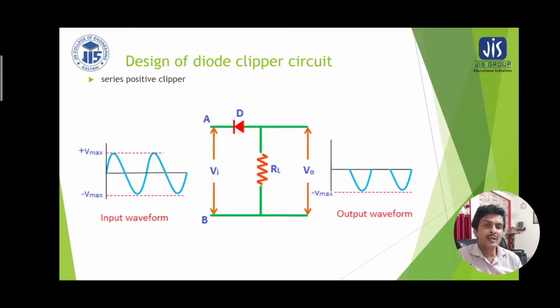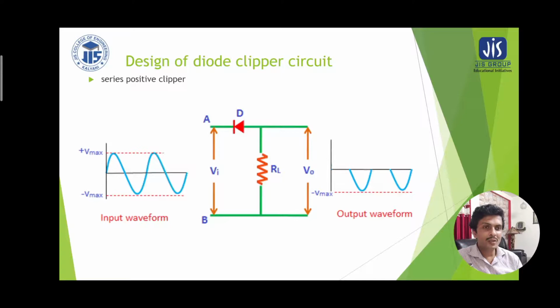Somewhere you can compare this circuit with the rectifier. In the rectifier also, one half of the cycle is completely removed, and it obviously looks like a rectifier. But the connection of the diode is normally in one direction or the other direction. Here the bidirectional connection of the diode is possible. That means sometimes the diode may be connected with the negative side on the input side, or sometimes the negative side is facing the output side.